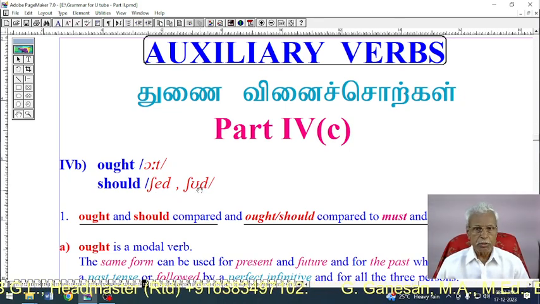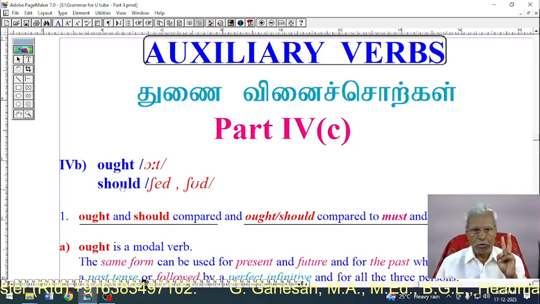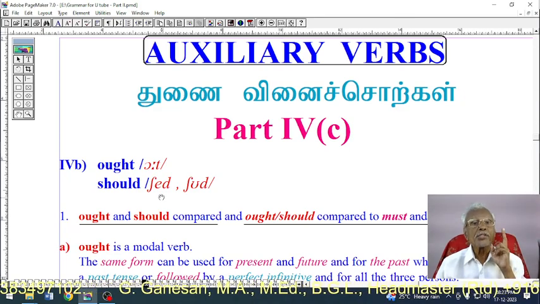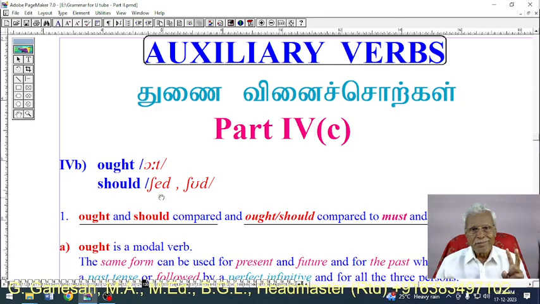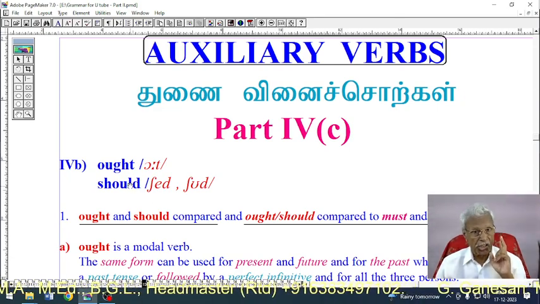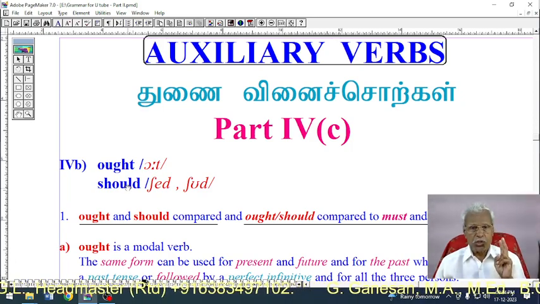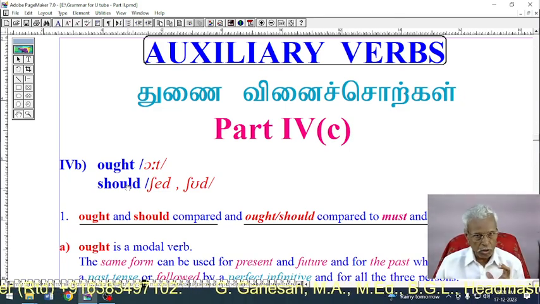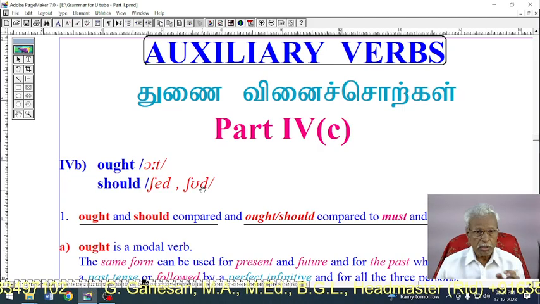This word has two kinds of pronunciation. One is the weak form, when should is not stressed. When we give stress to the word should, then we use the strong pronunciation.